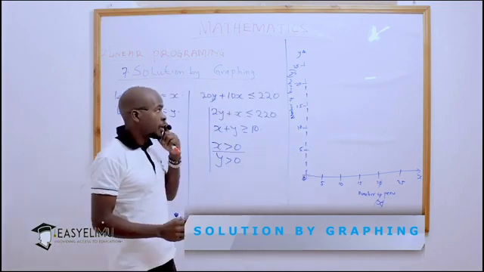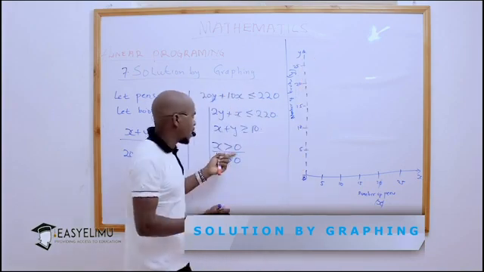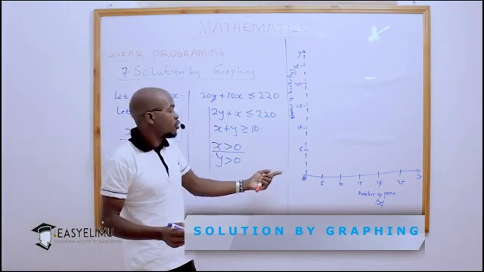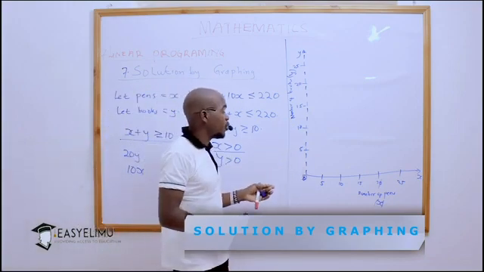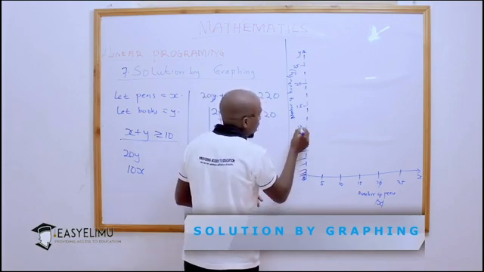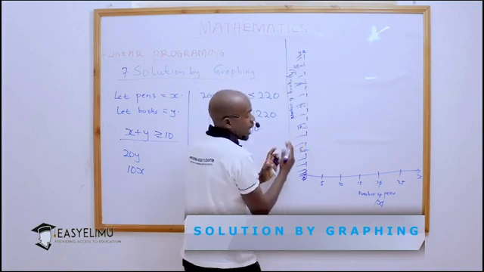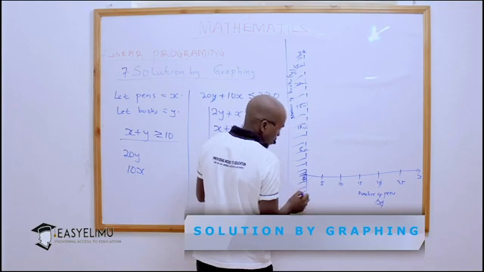The line changes to a dotted line simply because it is greater but not equal to. So the values found on this line are not considered because they are not within the range which we need. We shall shade the other part because we only need the positive parts beyond x greater than 0.